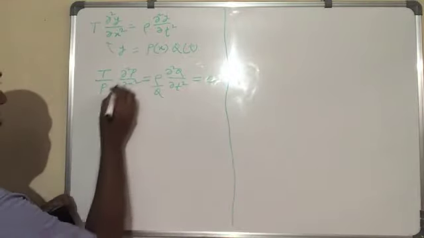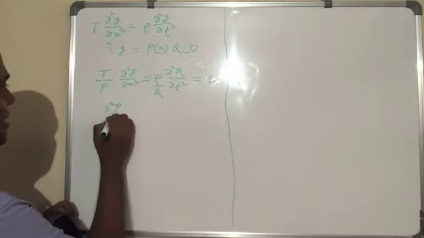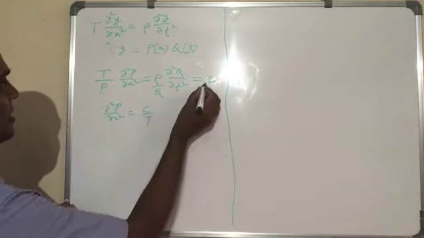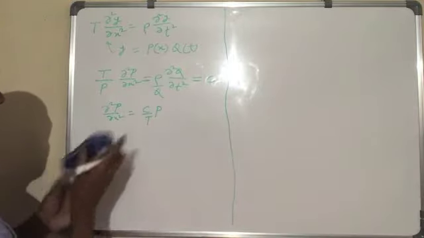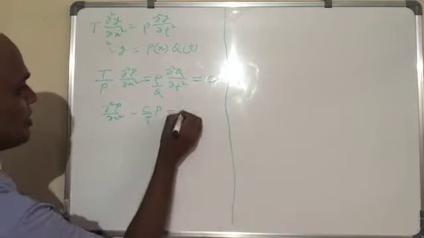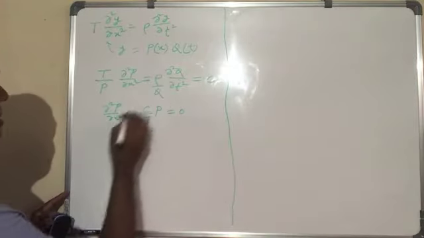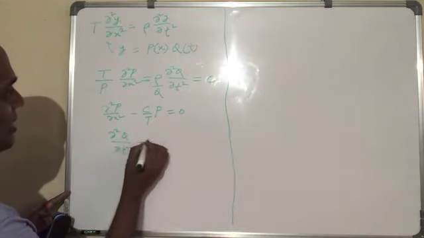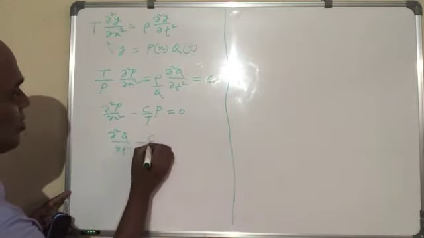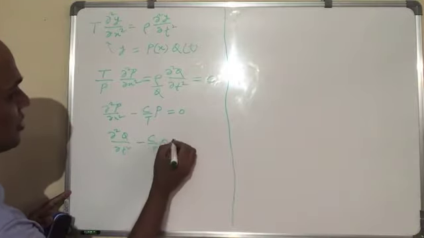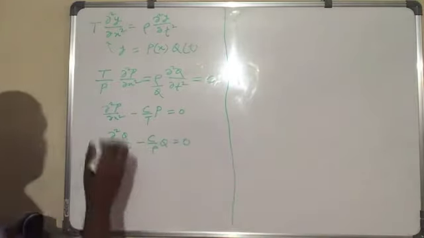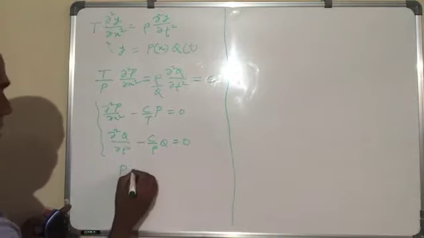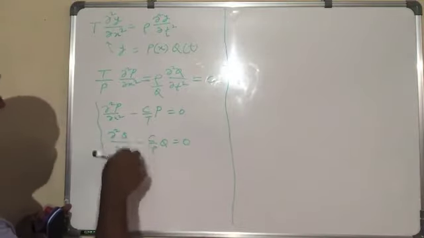The first equation becomes del squared P over del x squared minus c over T times P equal to 0. And the second equation becomes del squared Q over del t squared minus c over rho times Q equal to 0. In both of them, the solution will be sinusoidal.